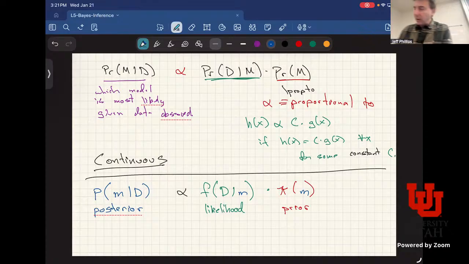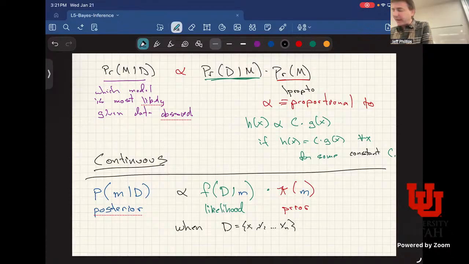Right? We can remember when D equals x1, x2 up to xn, a set of observations, and each xi is from some unknown distribution. Let's call this psi. I don't know, but these are IID. These are independent observations.